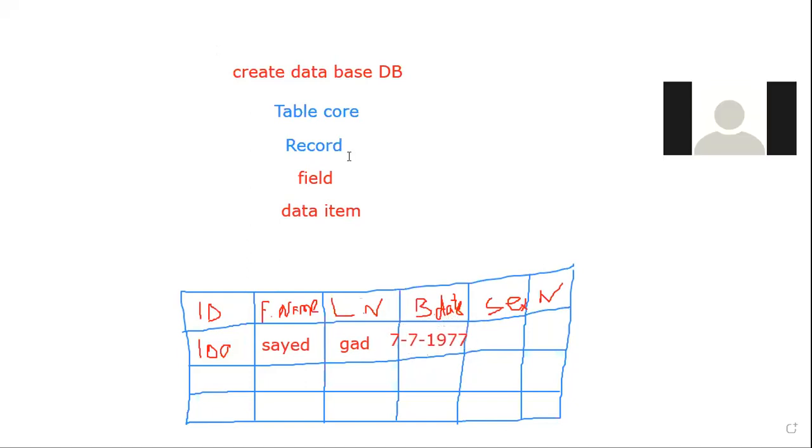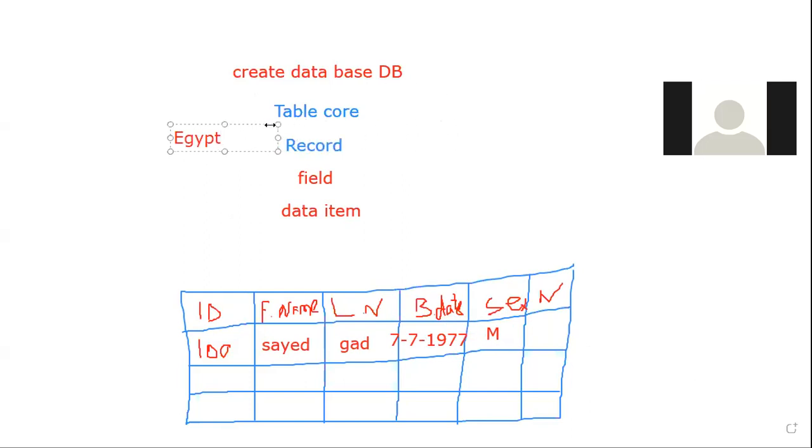Here it's male, right? Male. The short word is M. If it's female, it will be F. And nationality, it's Egypt. Egypt, okay?